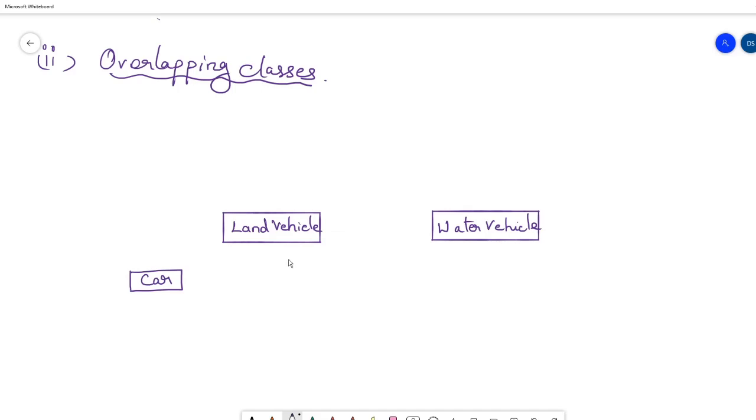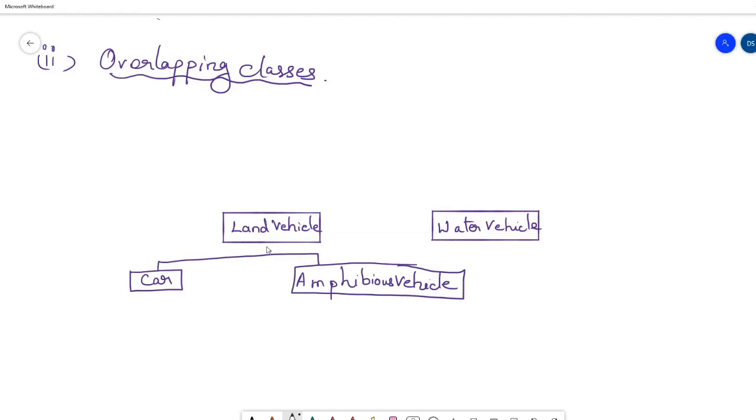Some vehicles can be used on the land as well as in the water. They will have both the mixed properties, so we can call them amphibious vehicles. This would be called a land vehicle.